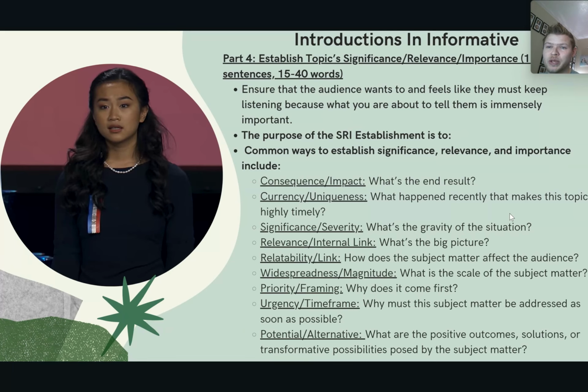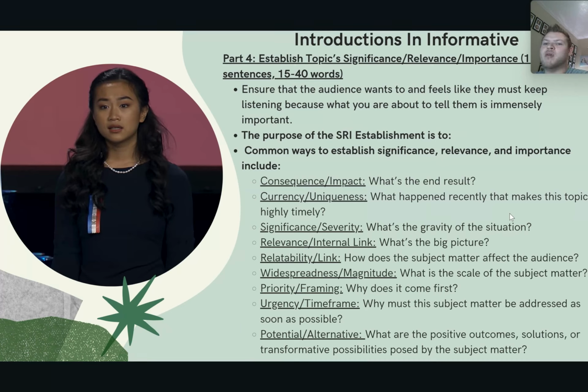Now, how do we prove in the introduction that our topic is significant, relevant, and important? I've used some debate terms. So if you're a debate kid who also does speech, these will make sense to you. But try and do 1 or 2 or 3 of these things to prove how important your topic is. These are all kind of coming from impact calculus or ways of making arguments in debates.